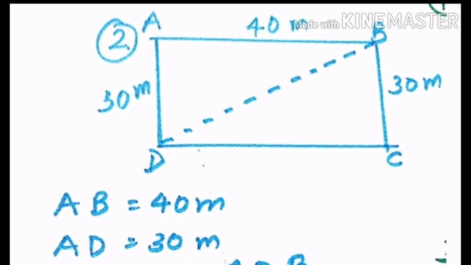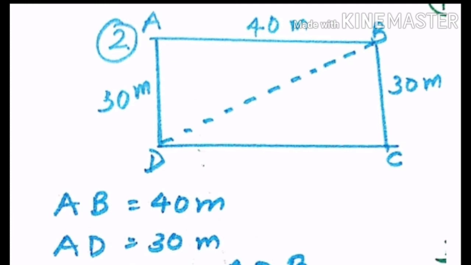Now it is written in the question that what distance is saved by walking diagonally across the field, means our diagonal in this figure is BD. You can see BD is the diagonal and they asked to walk in a diagonal way to save the distance. So you can either walk by A, B, then B, C and then CD.